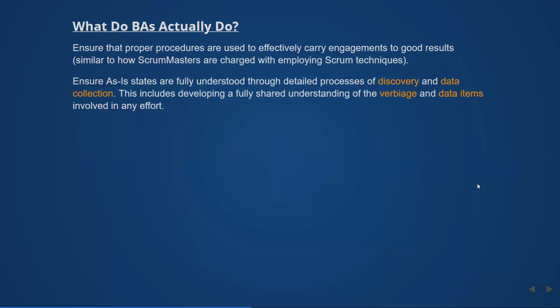So the other thing that BAs do, the next thing, is discover what's going on inside existing systems, if there are any. And you do that by building a conceptual model of what's going on through processes of discovery and data collection.